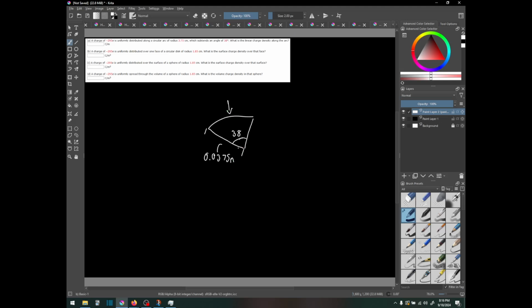So what we would do now is convert this into radians, I believe, which is going to be pi over 180. So it's going to be 38 pi over 180.